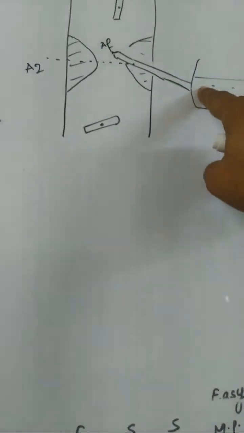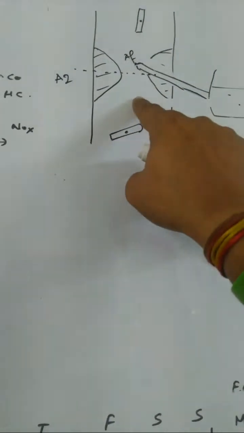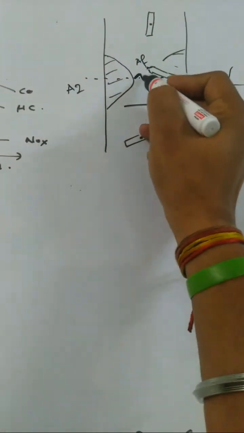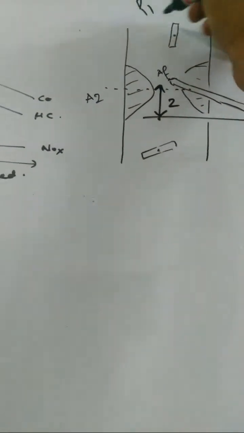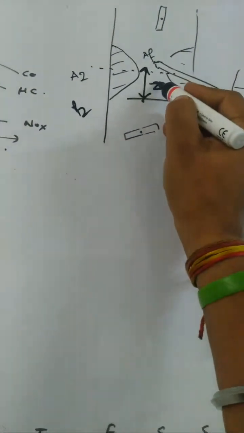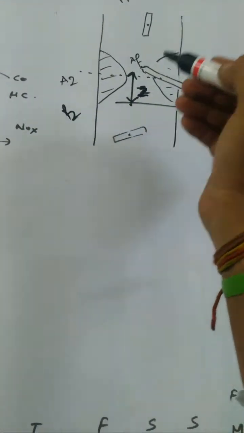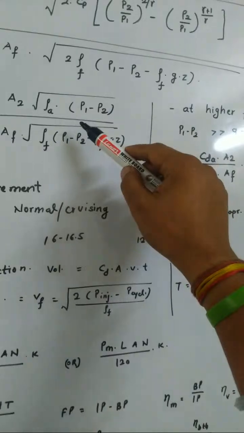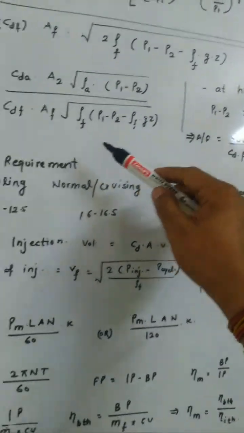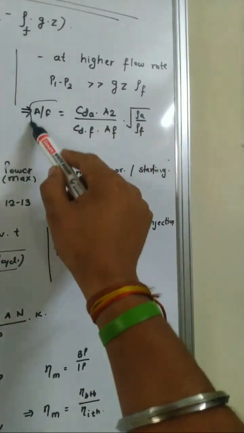Z is this fuel level height, the height from the tank level to the discharge level. So this pressure difference from P1 to P2 is very high compared to the head of this Z, so generally we neglect this term. If we neglect this term, the P1 minus P2 term will cancel out, and this will be simply like this.